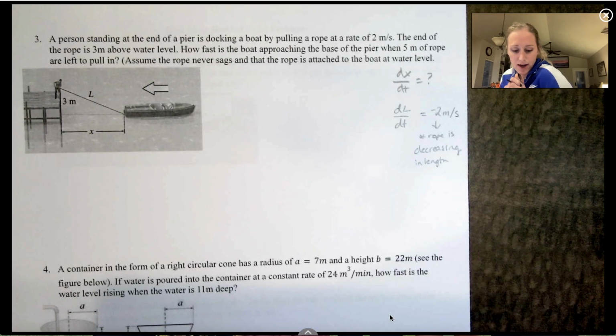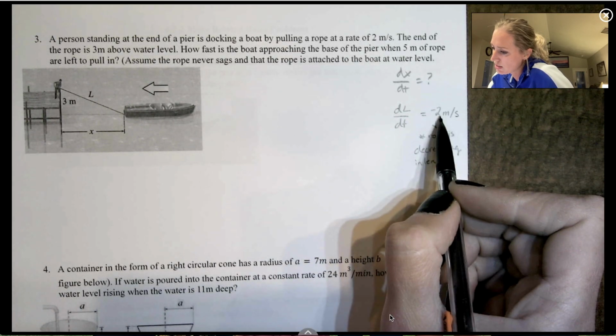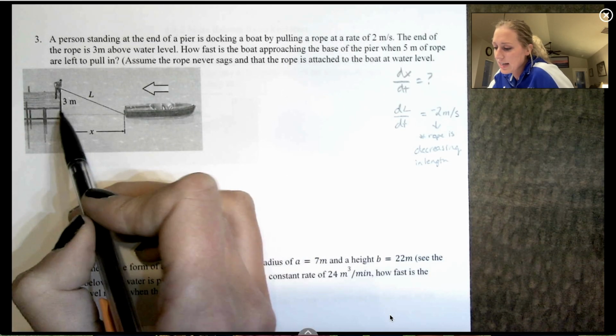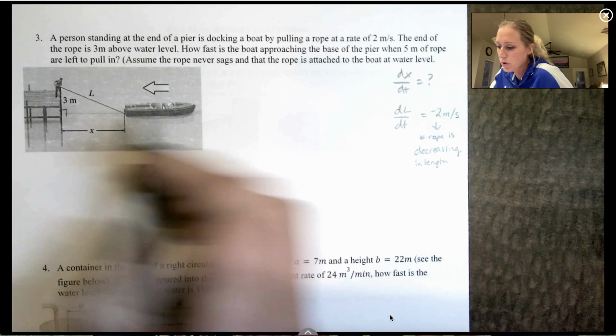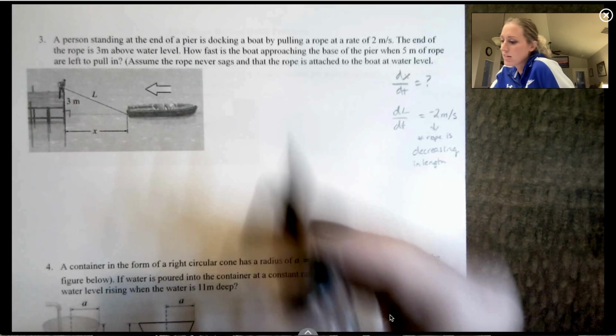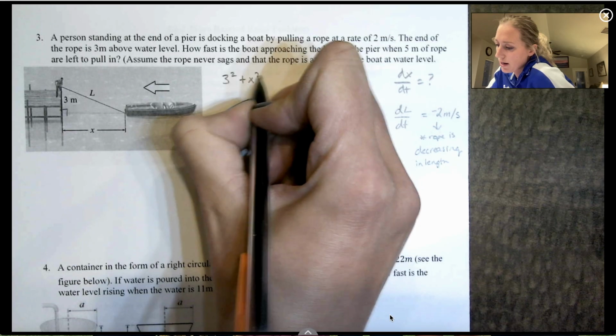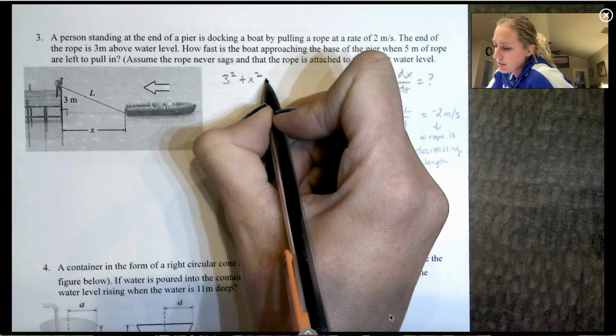Now we are going to write an equation that puts all of those together. We know dL/dt is a fixed rate, and I can see I have a right triangle, so something that relates all three sides is the Pythagorean theorem. I'm going to say 3 squared plus x squared equals L squared.